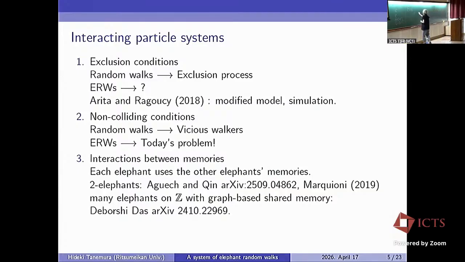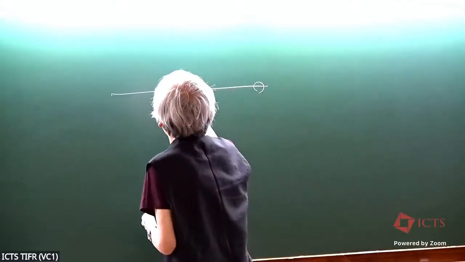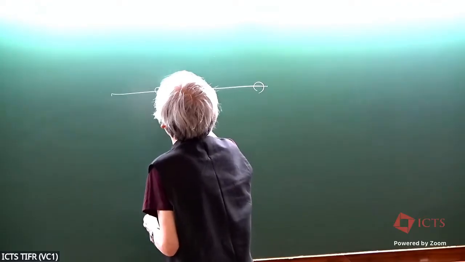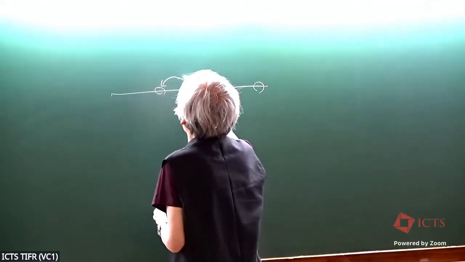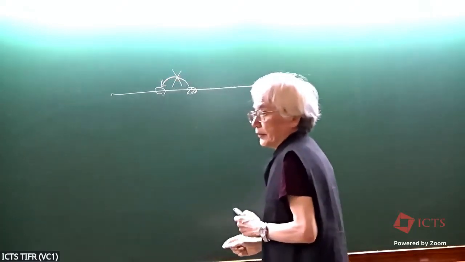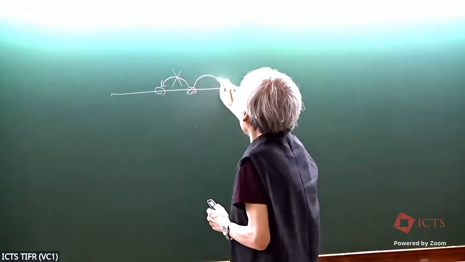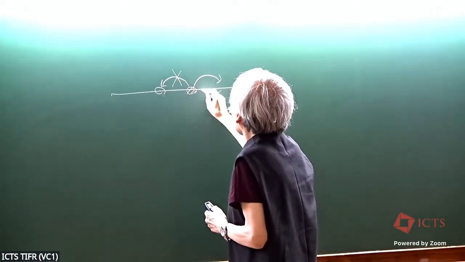There are many particles, which move according to random walks. The exclusion condition is that if a particle moves to a site where there already exists a particle, it cannot. The jump is suppressed. If the site is empty, they can move.